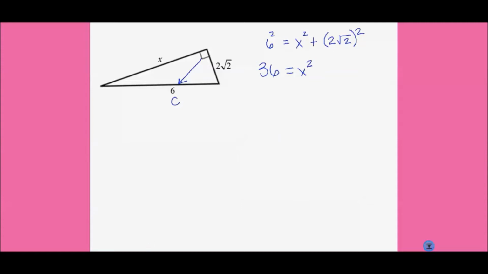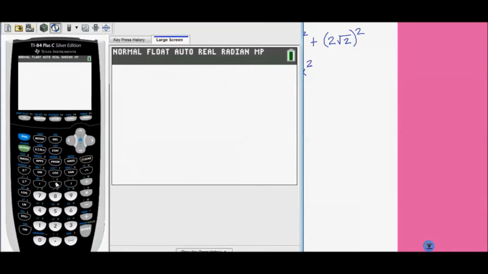Now squaring this looks a little scary, but we can use our calculator for it, as long as we're using parentheses properly. So parentheses 2 square root 2, then we're going to arrow out of the square root and close our parentheses, and then squared. And the calculator knows what to do with that, and it is 8.